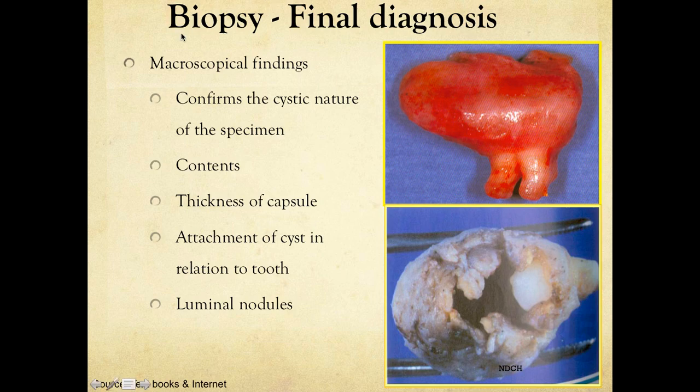The biopsy, however, gives you the final diagnosis, and a specimen which is sent is recorded both macroscopically and microscopically. The macroscopic findings of the specimen usually confirm the cystic nature.